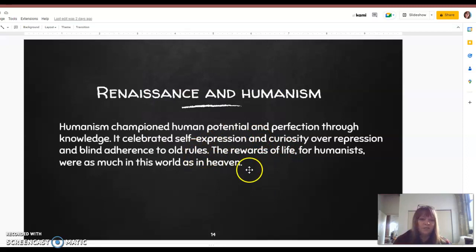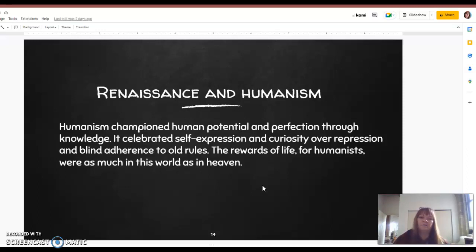So humanism championed the human and the human's potential and how perfect the human form was and how perfect the mind was, and how knowledge could make everyone a better person. And it celebrated this idea of self-expression and being curious about things.